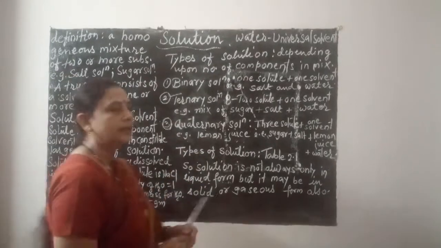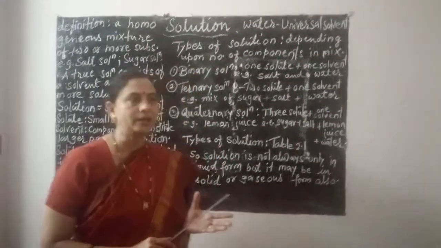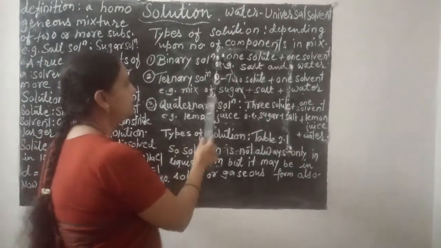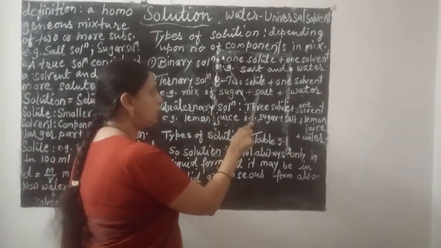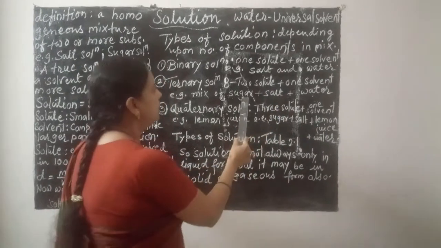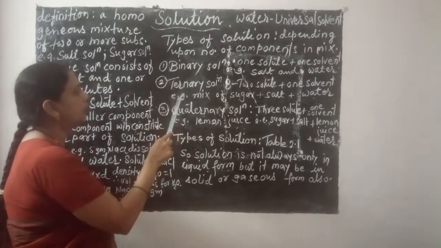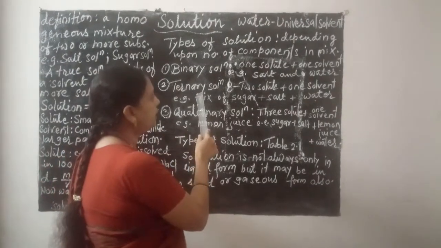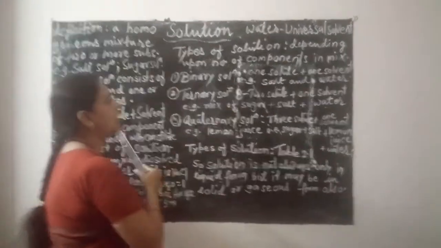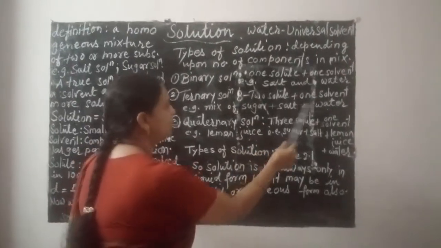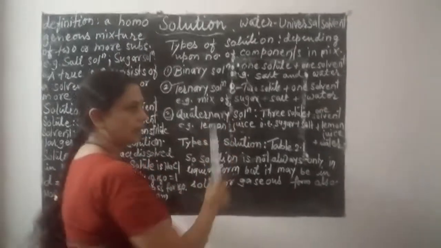Ternary solution: two solutes are present and one solvent is present. For example, a mixture of sugar plus salt plus water. Total 3 components are there and ternary means 3, and therefore a mixture of sugar plus salt plus water is known as the ternary solution.